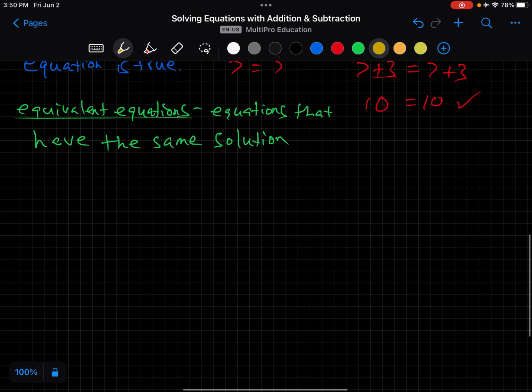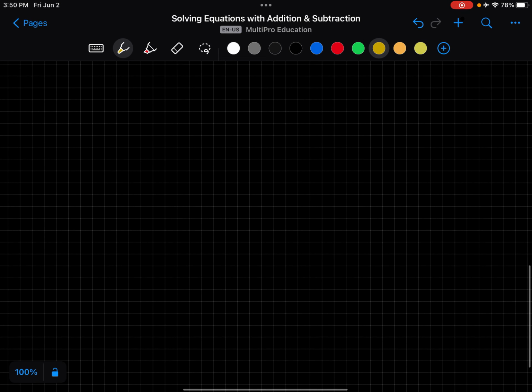Alright, let's go ahead and look at some examples of some of the stuff we've been talking about here today. Let's say this is example 1. Let's say we have the equation x minus 1 is equal to 3. Okay, so what we're going to do is we're going to add 1 to each side here.